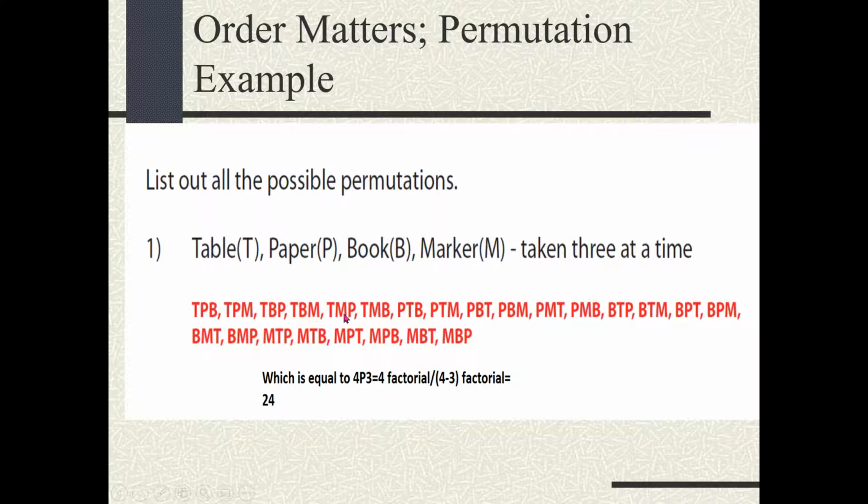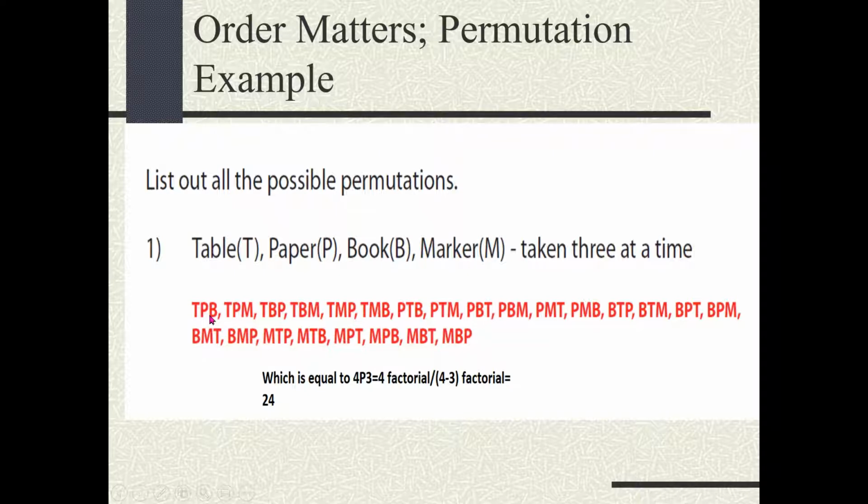There are different ways in which the 3 things could be chosen, right? So if I have to find out in how many ways this could be chosen, here I'm assuming that the order matters, whether a table is chosen first, followed by a paper, and then a book.